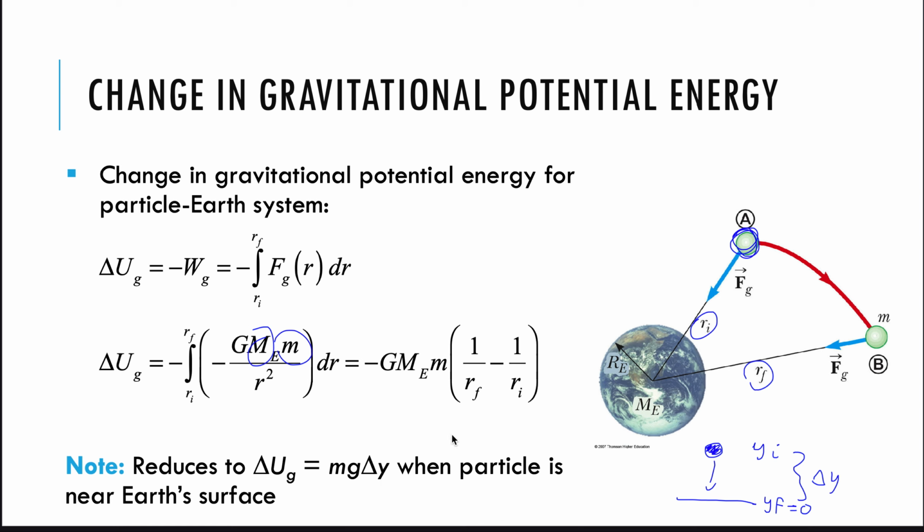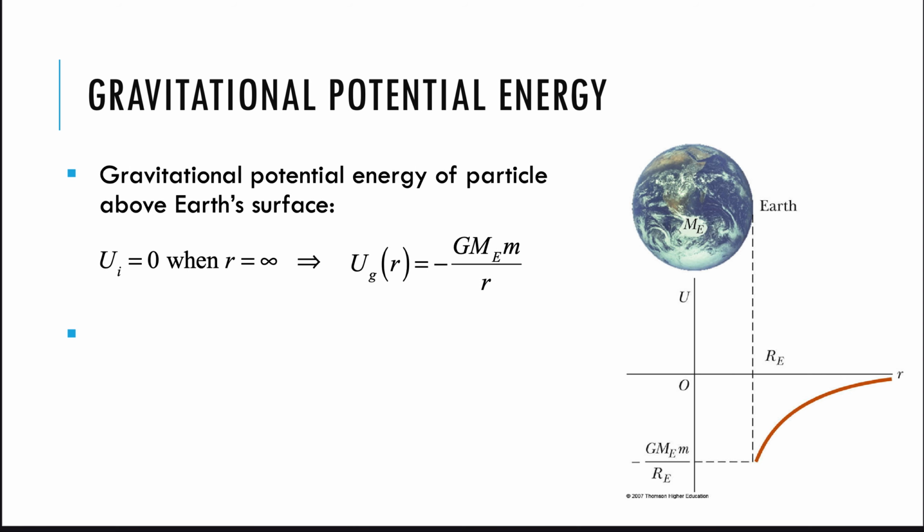Now we can do a similar thing to look at the potential energy of your particle when it's near or around the Earth. So it's not near the surface of the Earth, but it's at some distance from the Earth. The difference here is that we don't set the surface of the Earth to be our y equals 0 level.